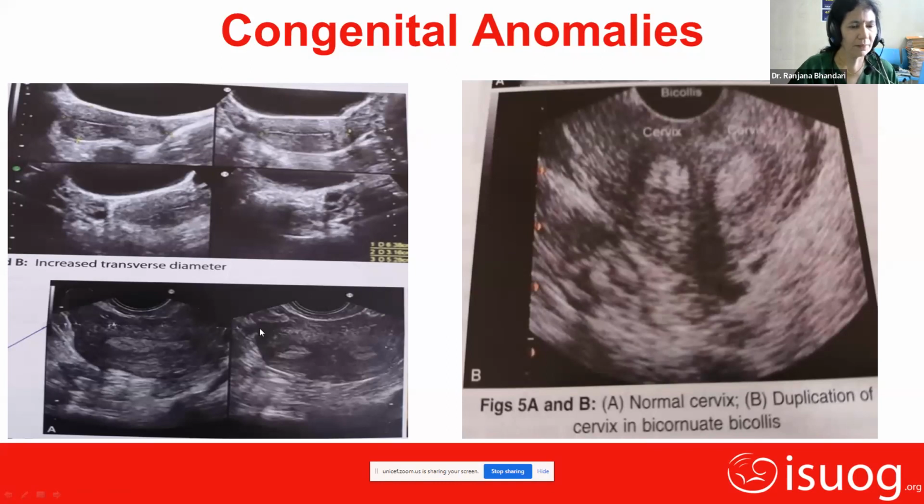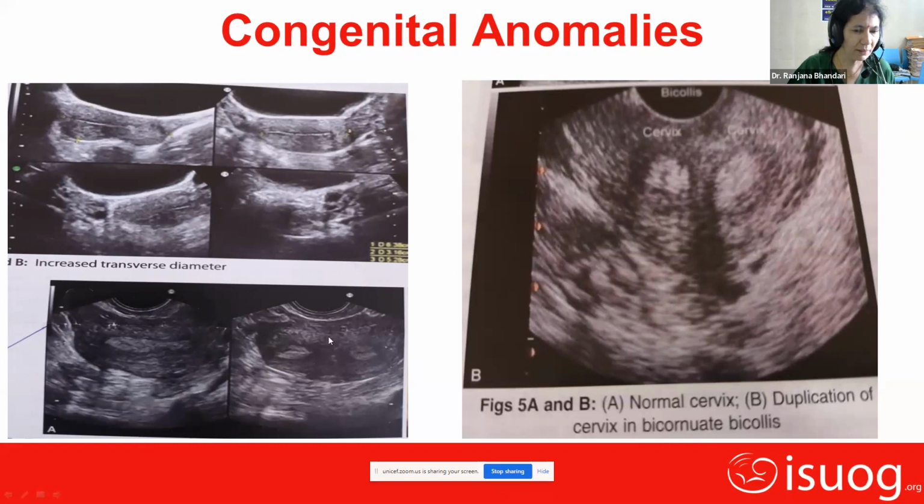If we scan just below it at the time of the secretory phase, we can easily see two canals, one canal in this portion and another canal in this portion. Even then we may think it is a single endometrial cavity, but there will be a layer of myometrium in between the endometrial cavities, which we can see by putting Doppler.